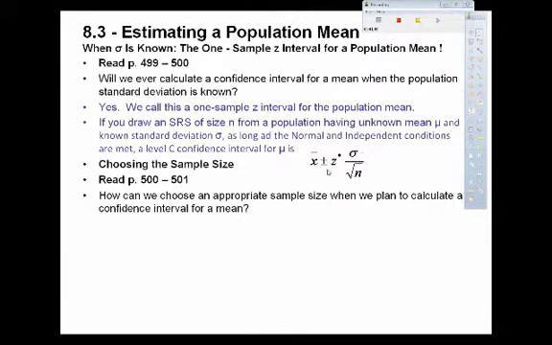And this is going to give us our interval. And our critical value z is going to be found from our standard normal distribution.